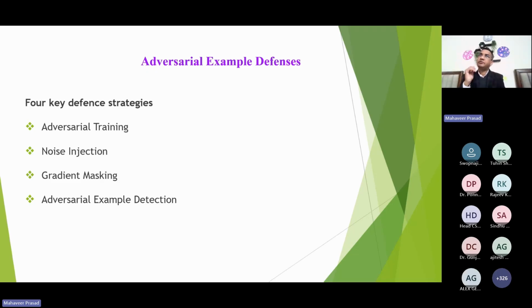So now even if the attacker generates new samples using these attacks, our model will still be able to detect that this is malicious, or whatever the classification could be. We can also add noise, and we can go for gradient masking and adversarial example detection.